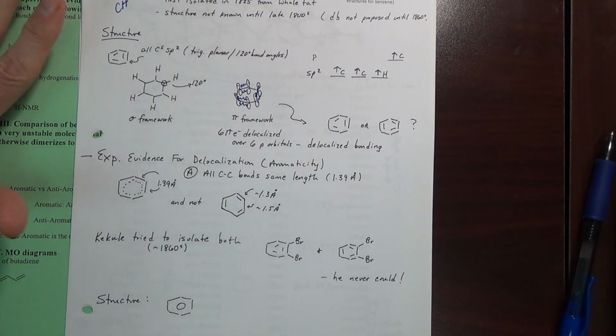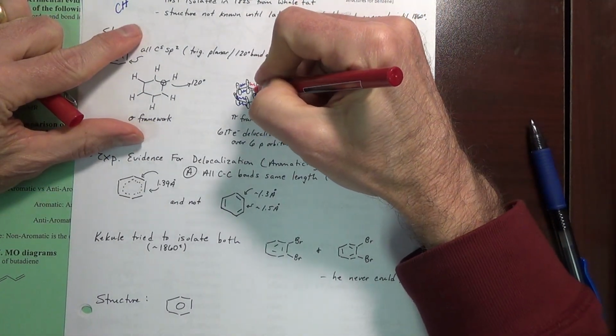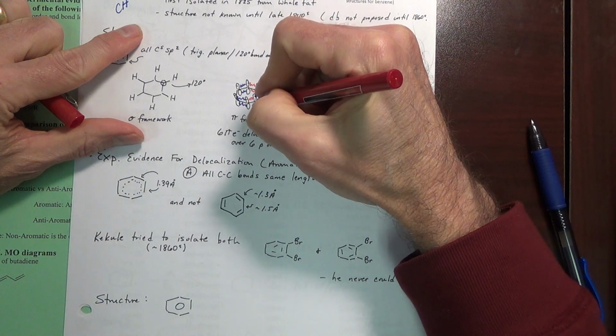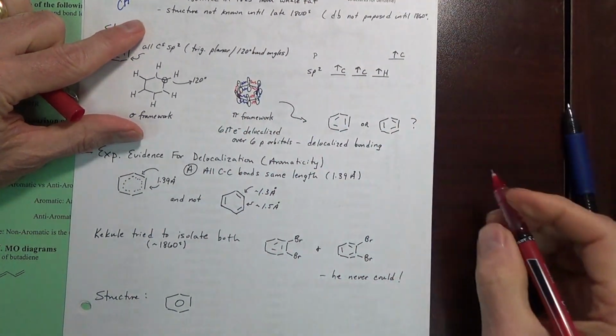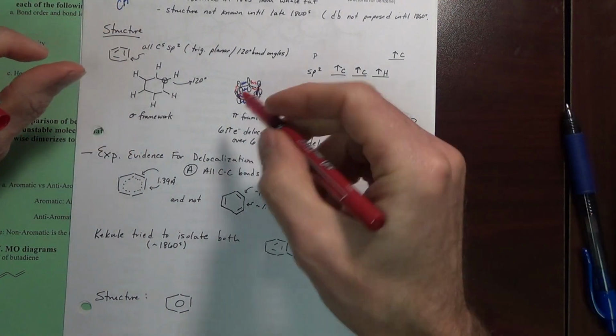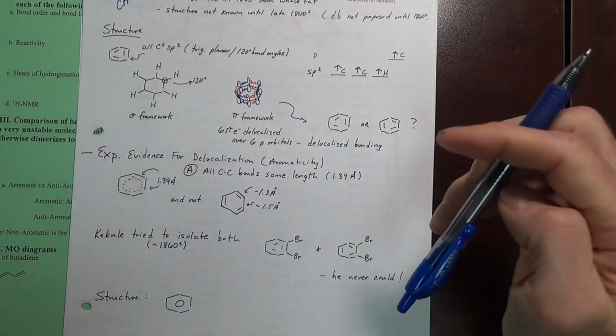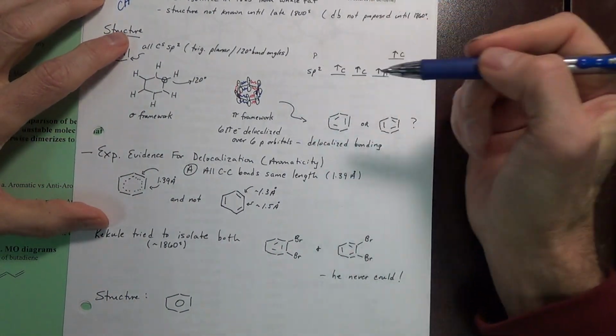I'm going to try to change color here. What if instead I said these two were overlapping? These two were overlapping, and these two were overlapping. That would put pi bond here, here, and here, right? Well, which is correct? Actually, the answer is, well, neither is correct.